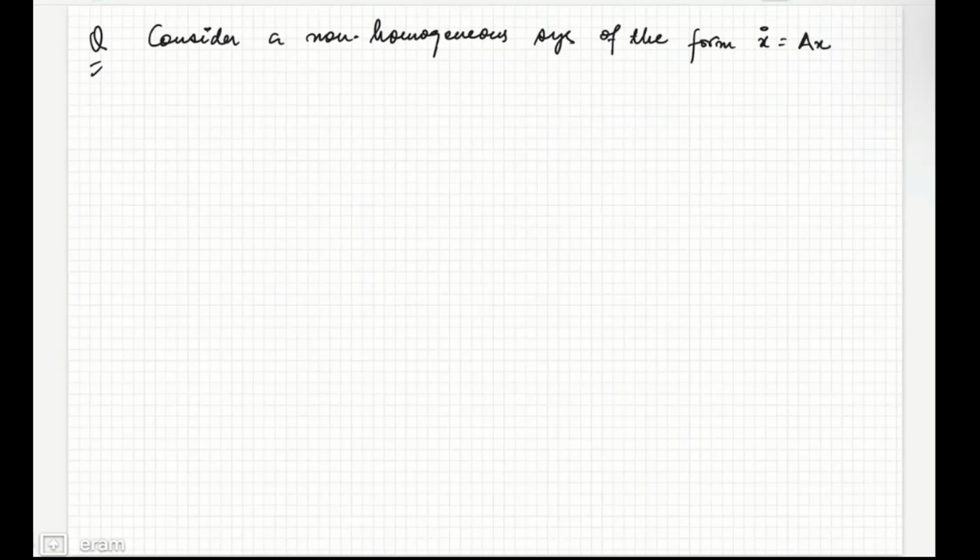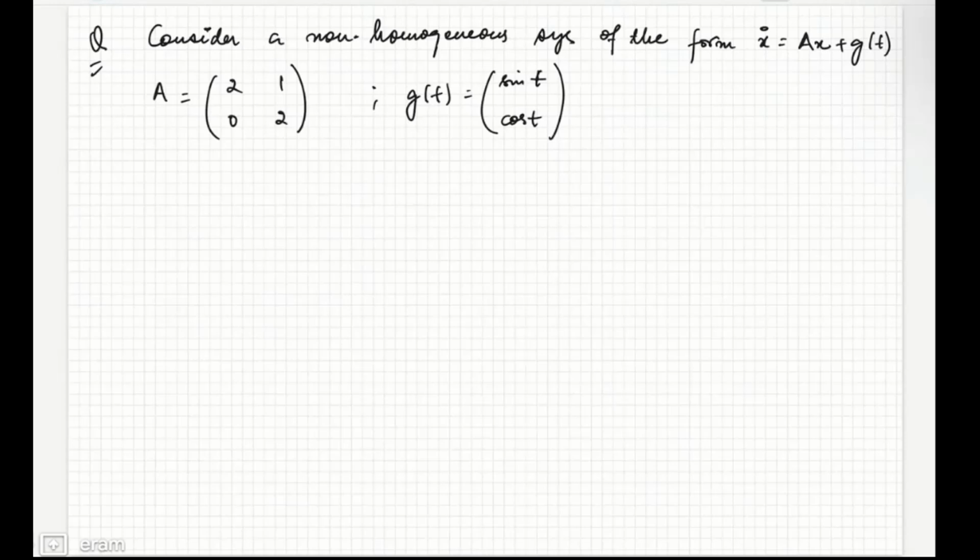So consider a non-homogeneous system of the form x dot equals Ax plus g(t), where A is given as (2 1; 0 2) and g(t) is given as (sin t, cos t), and the initial condition is some constant value, let's call it p. Then calculate the complete solution for this system.